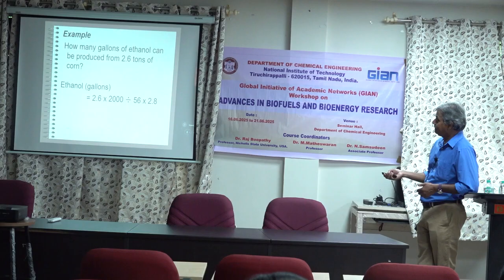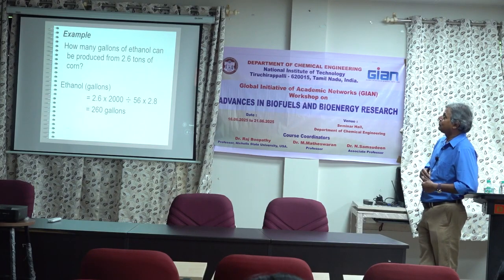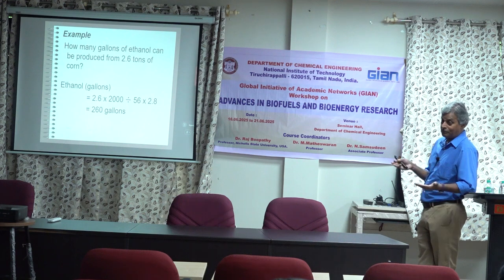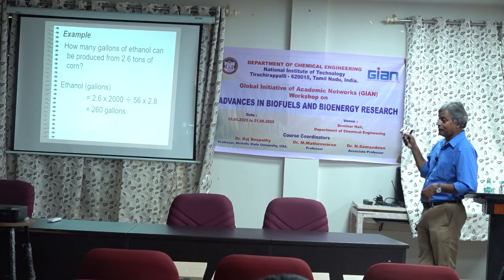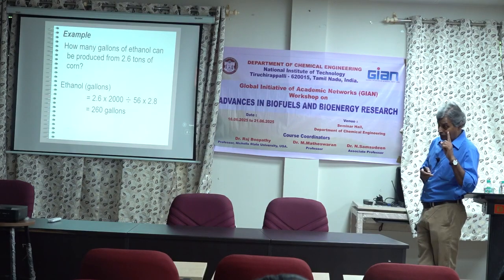Here's an example based on that calculation. How many gallons of ethanol can you make from 2.6 tons of corn per acre? Ethanol in gallons is 2.6 times 2,000, since 2,000 pounds equal 1 ton.